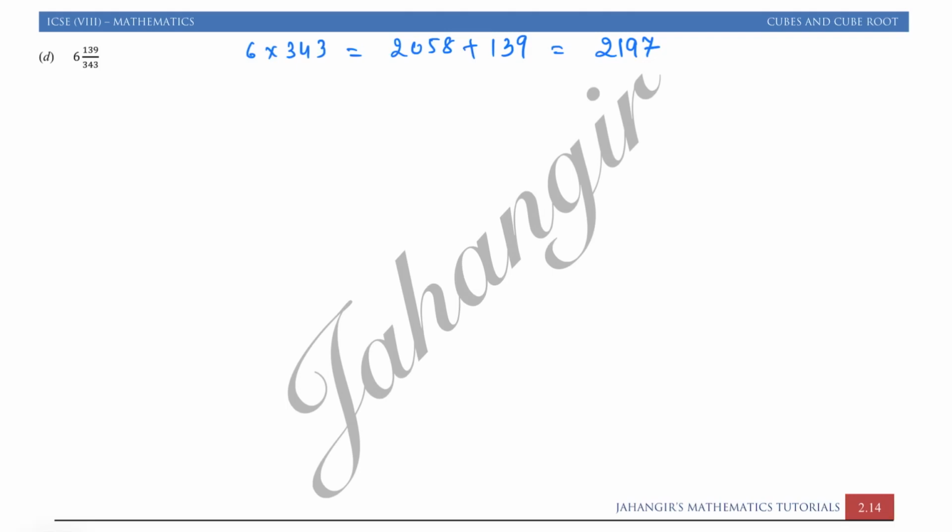So I have to find the cube root of 2197 upon 343. 2197 is the cube of 13 and 343 is the cube of 7. So solving this I will get 13 upon 7, that is 1 and 6 upon 7.